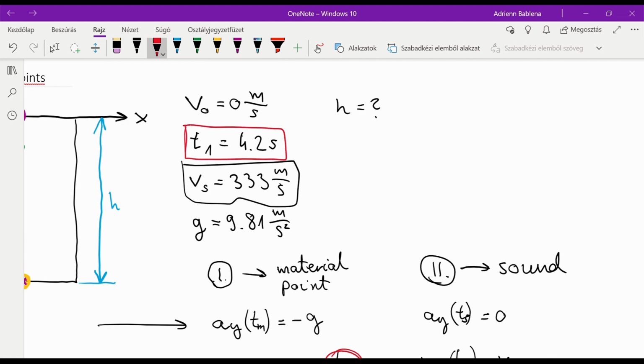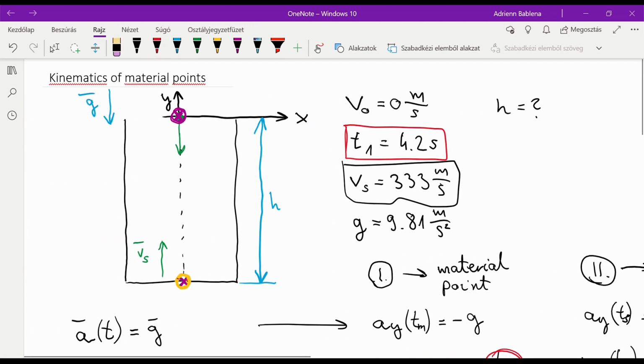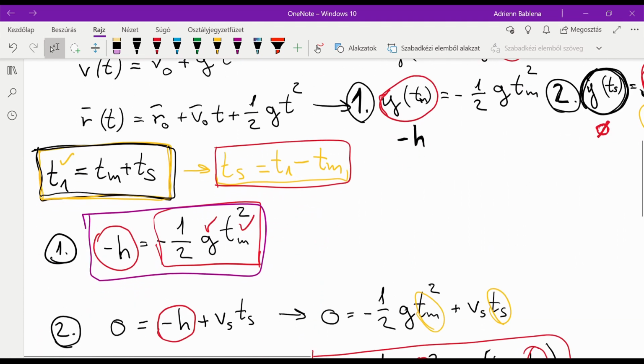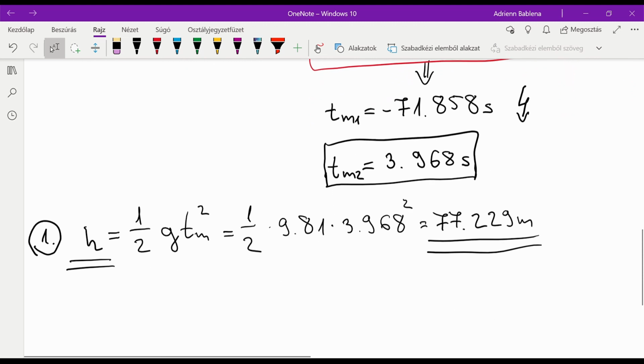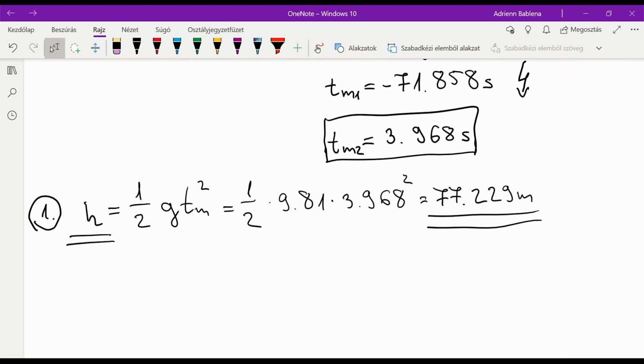So it was defined as the sum of the two parts: the time of the movement of the material point and the movement of the sound. Right? Yeah, I think I got it. Okay. Thank you.